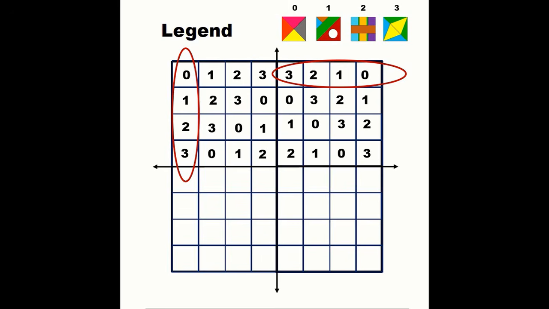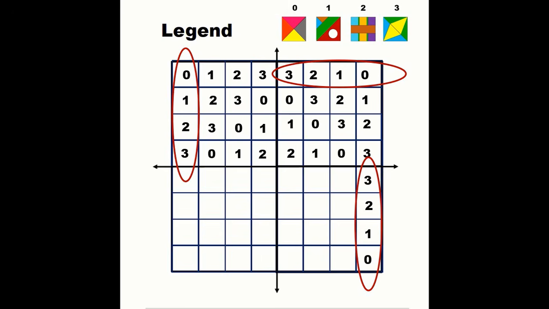You can observe the pattern. Now again, the number here on the upper part is 3, 2, 1, and 0. We will rotate it again 90 degrees, so we have to put it here. We have 3, 2, 1, and 0.